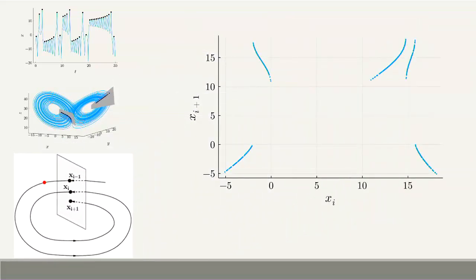And if I plot x_i versus x_{i+1}, I can get the first return map of the Lorenz, which tells me about the properties of the Lorenz attractor in lower dimension, discrete, and nice.